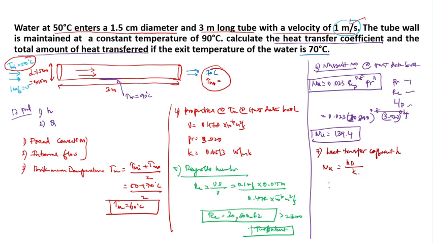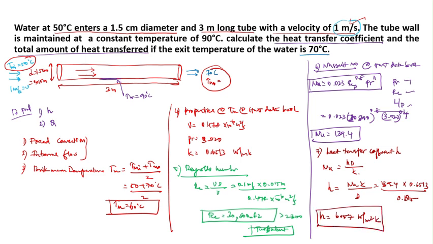So h is equal to Nu times k divided by D: 139.4 times k, which is 0.6513, divided by the diameter 0.015. After substituting the values, you get the heat transfer coefficient h approximately 6057 watt per meter square Kelvin. In the seventh parameter, the heat transfer coefficient is evaluated.